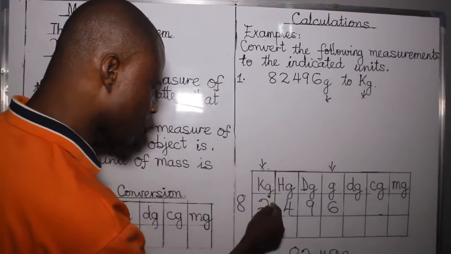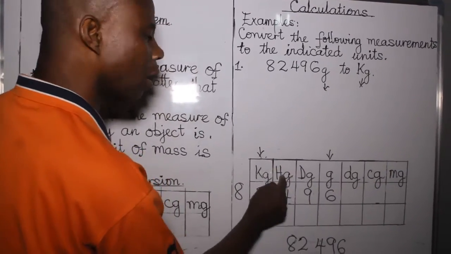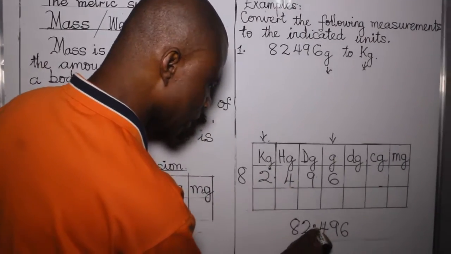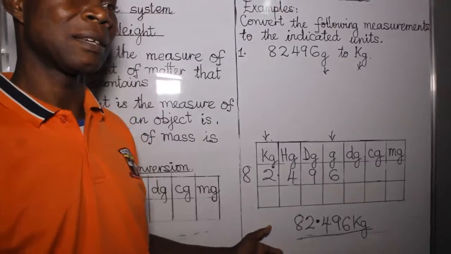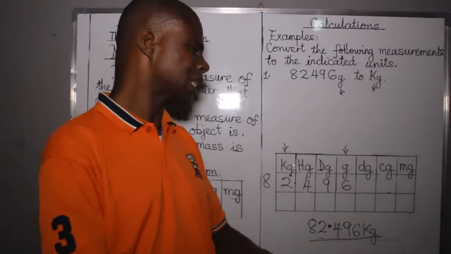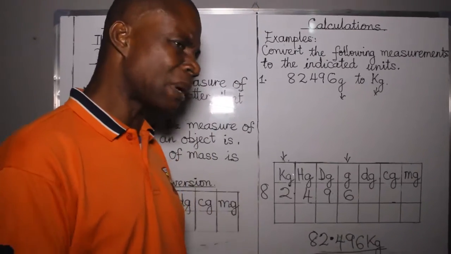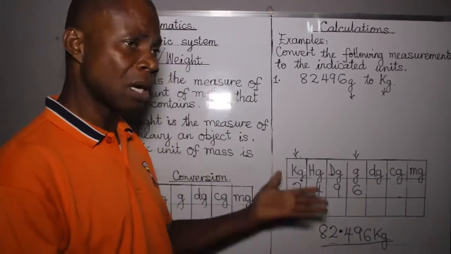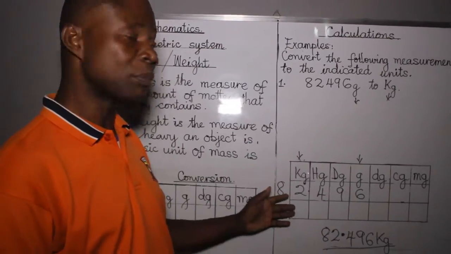So after 2, if you move to the next figure, you're on the hectogram. So your point comes in here. You just fix your point. No matter the question, the figure you are given, whether fraction, mixed number, or decimal number, just fix it. Follow the rule and the answer will just come up from the table.